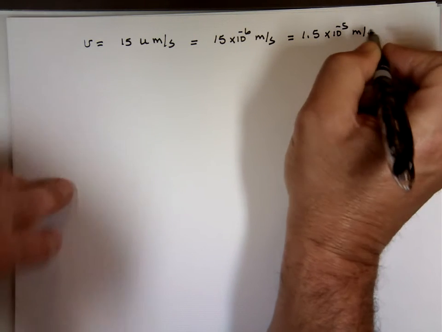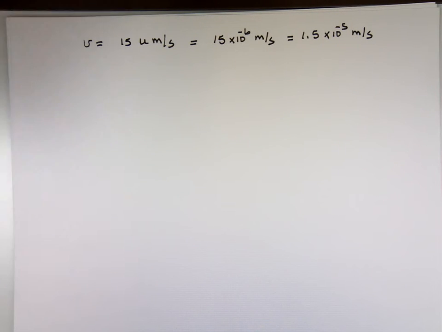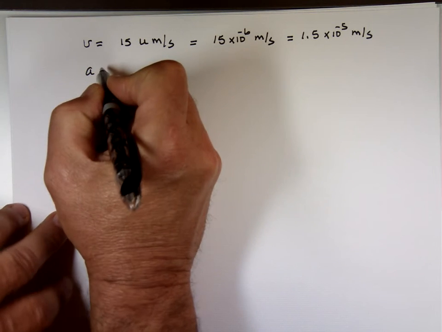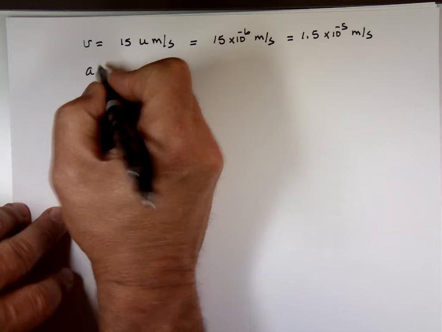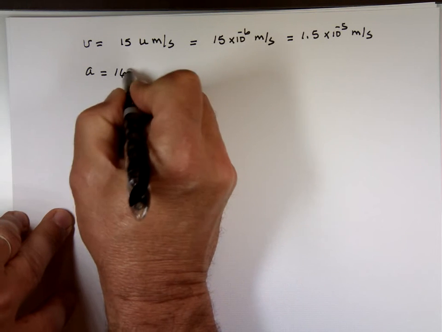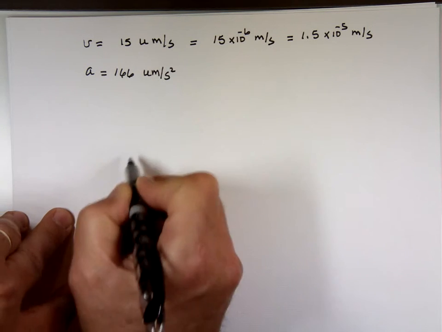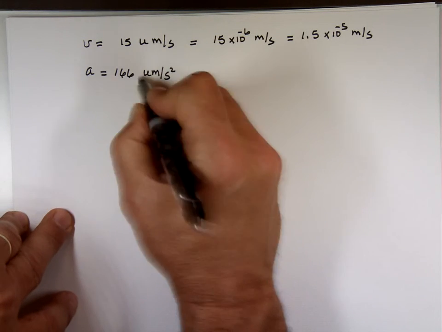I don't know if it's constant speed, initial speed, I don't know that yet. It can't be constant because it has an acceleration. It has an acceleration of 166 micrometers per second squared. 1 micro means 10 to the minus 6 again.